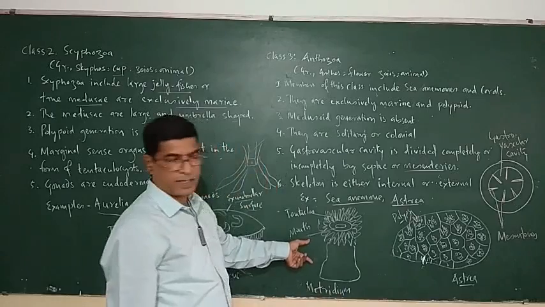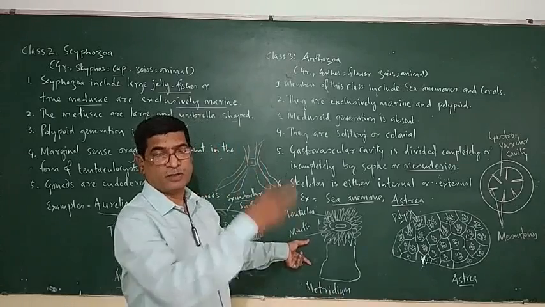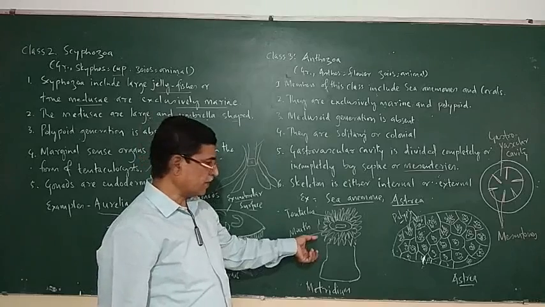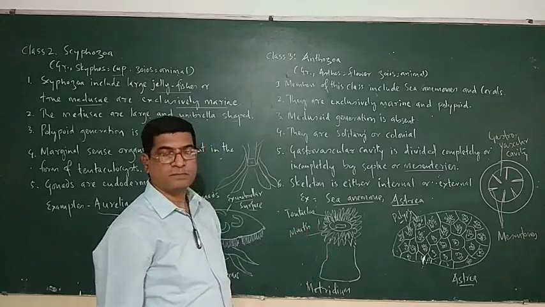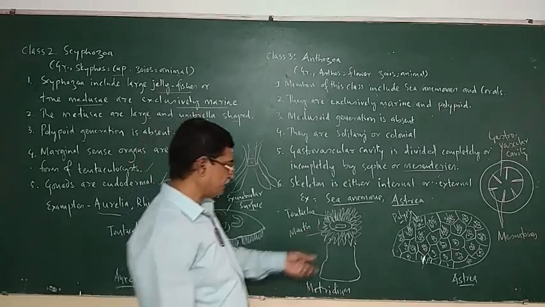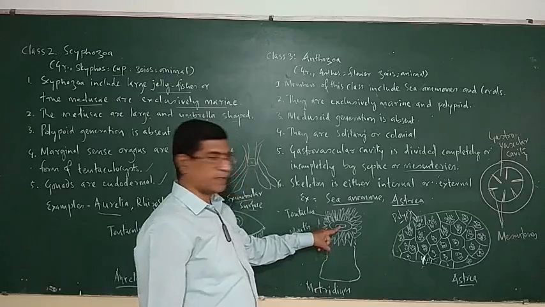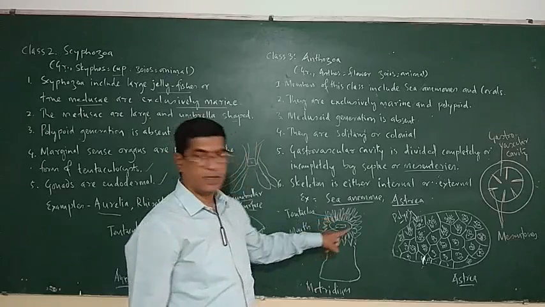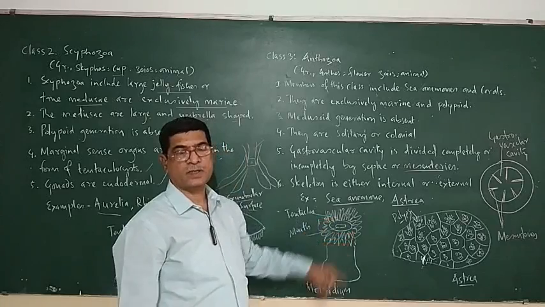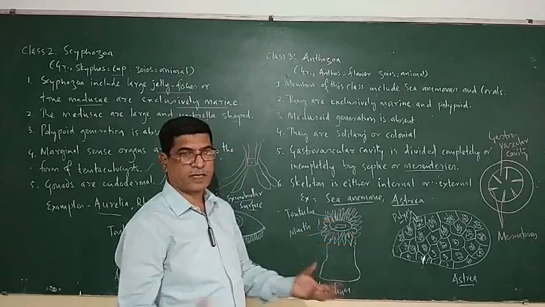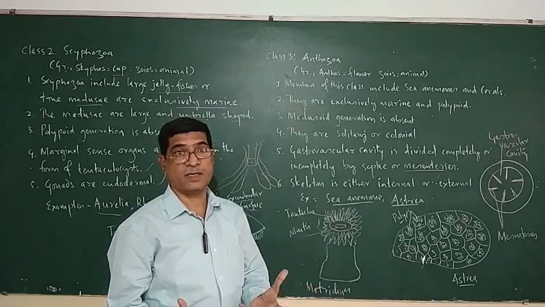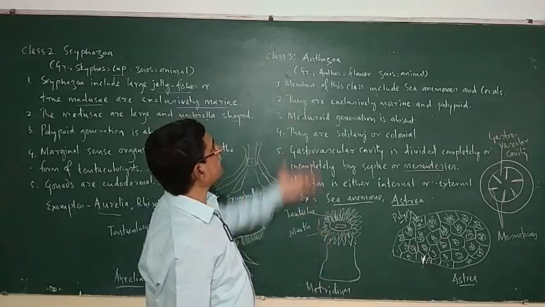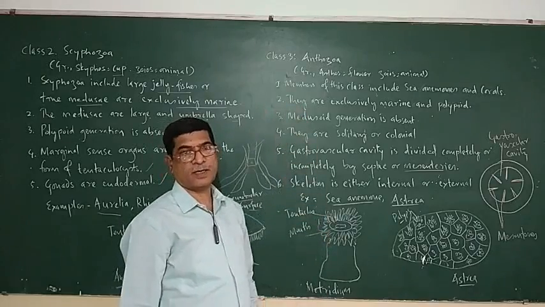This also looks like Hydra, but Hydra is very long and slender. It is very short and broader. Mouth is present at the distal end, surrounded by a number of tentacles. When you open them, it looks like a flower. Therefore, this class is called Anthozoa.